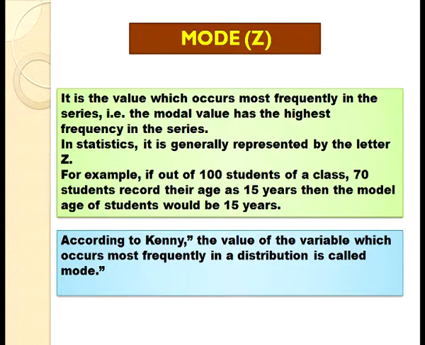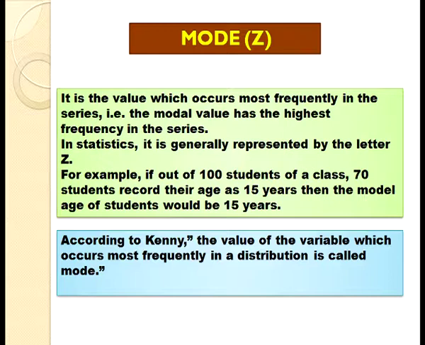It is the value which occurs most frequently in the series. That is, the modal value has the highest frequency in the series, and mode is denoted by Z. For example, if out of 100 students of a class, 70 students record their age as 15 years, then the modal age of students would be 15 years, right?